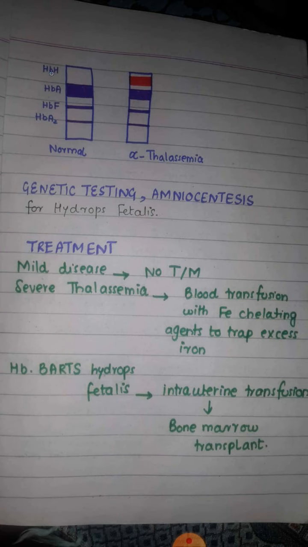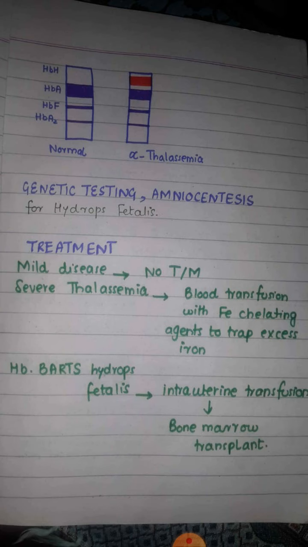Tetramers of beta globin chains are formed and the hemoglobin is called hemoglobin H. So in a person with alpha thalassemia, hemoglobin H is present. Now, for the detection of hydrops fetalis, we will perform genetic testing and amniocentesis.